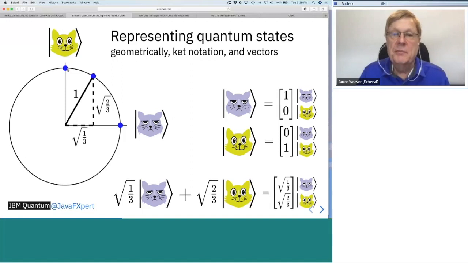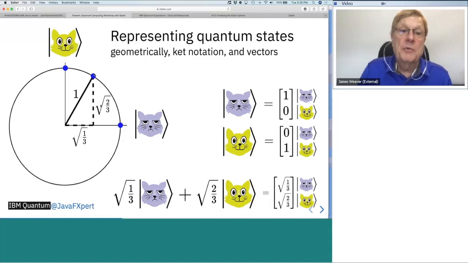And that cat can be in some superposition or, if you're familiar with algebra, just some linear combination of grumpy and happy. This would be the coefficient of grumpiness, this square root of 1/3. This would be the coefficient of happiness, the root of 2/3.